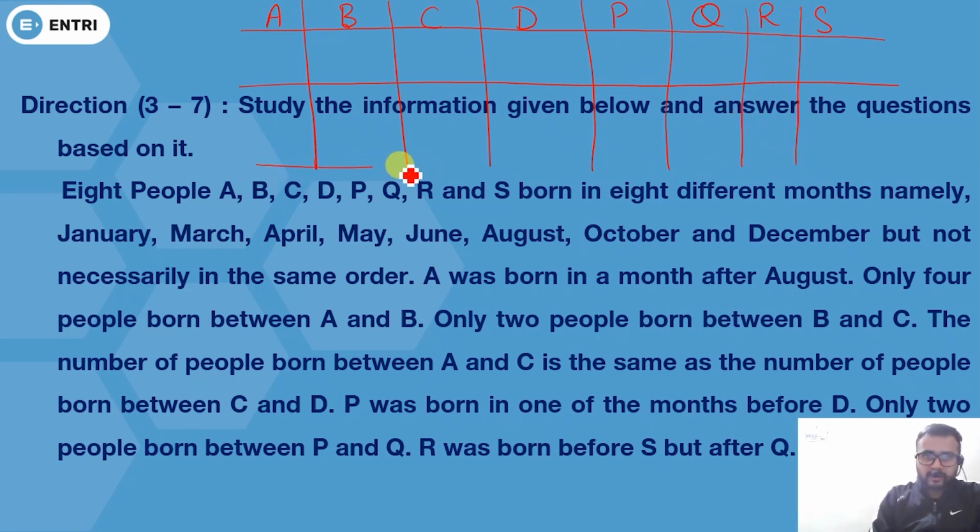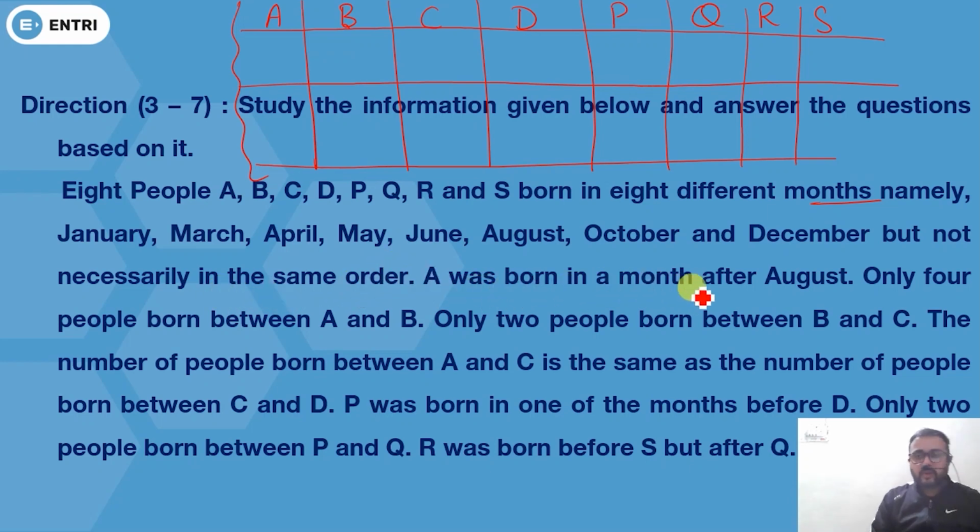These 8 people are born in different months, namely January, March, April, May, June, August, October and December, but not necessarily in the same order.